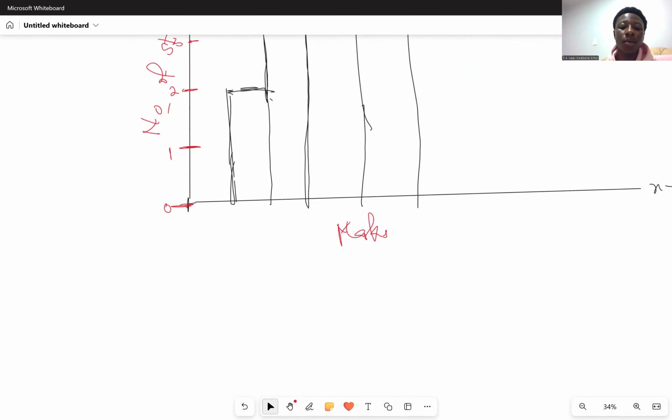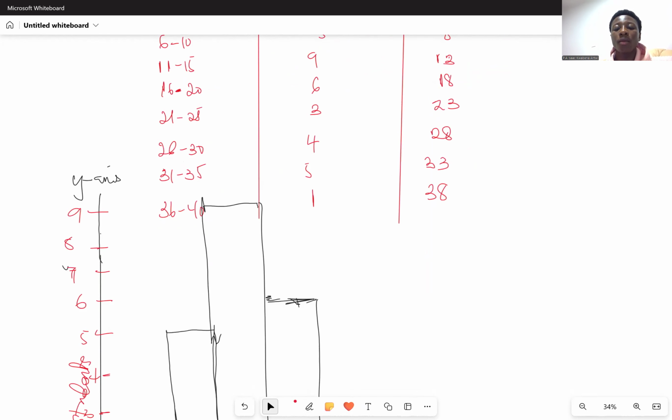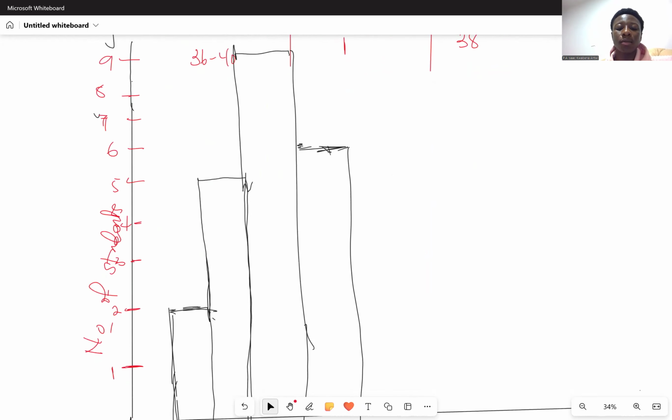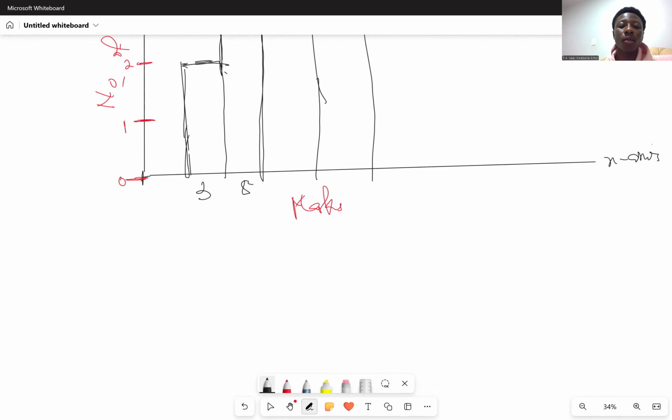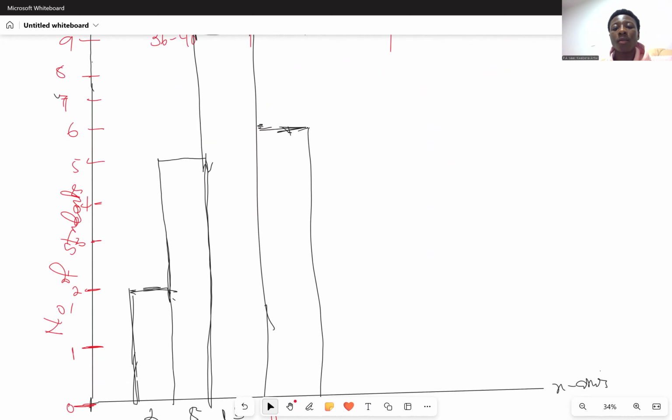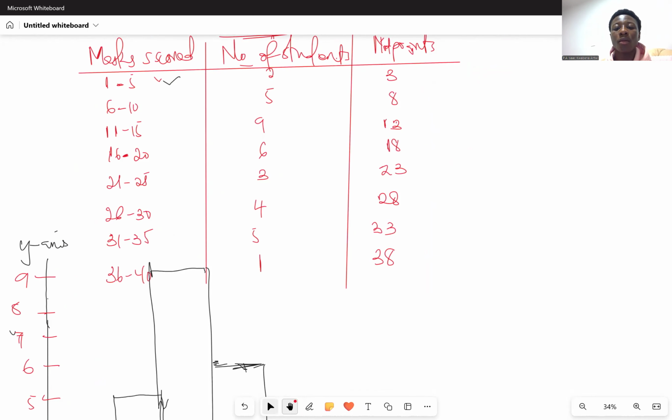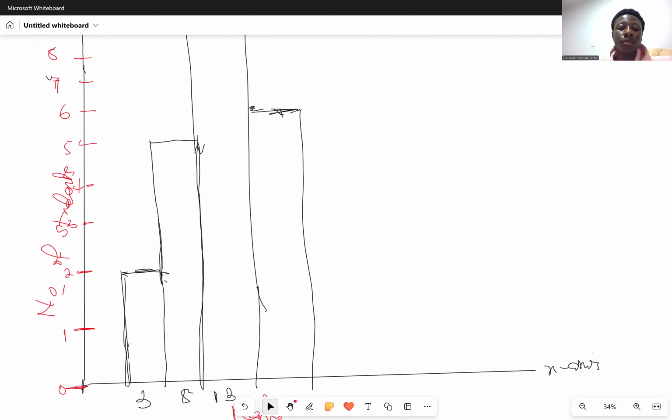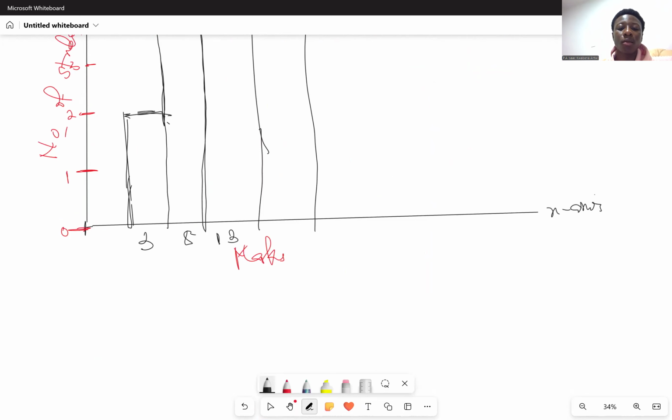You just write them at the middle. Just target the middle, then you write them there. 3, 8. Then we have 13. Then we have 18, right?